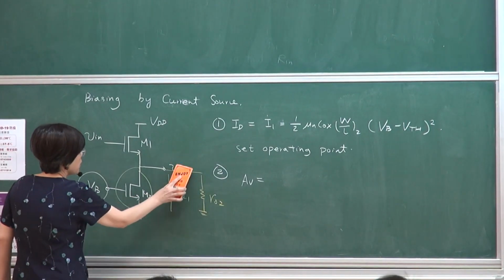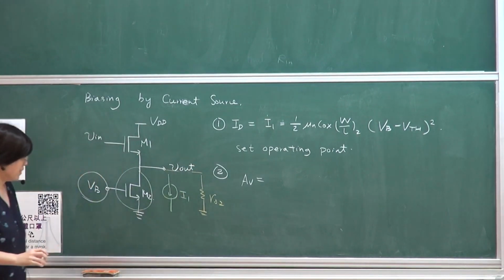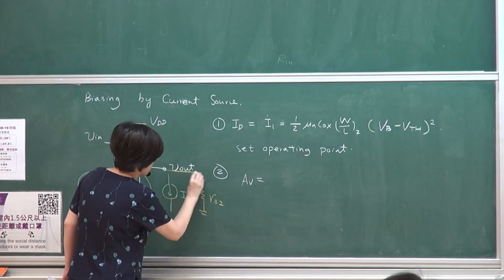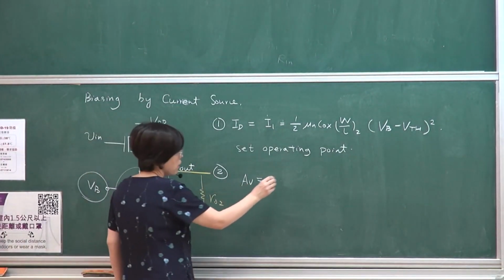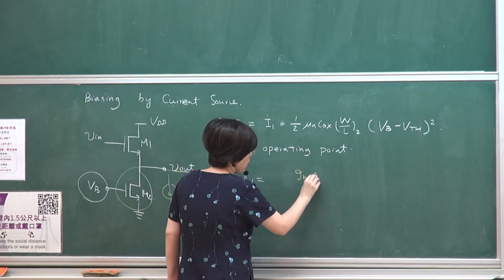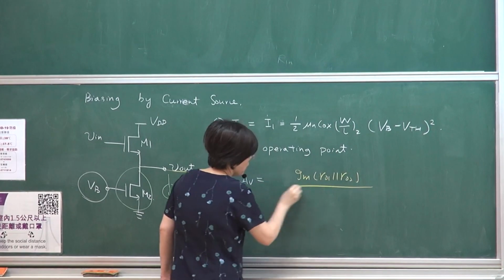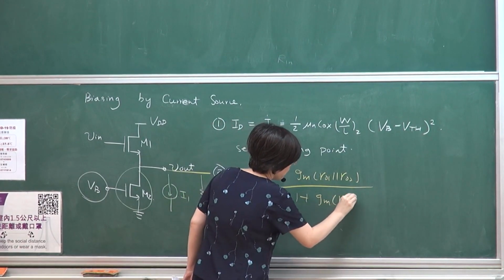Sorry, there are two GMs. So your voltage gain will simply be GM1 (RO1 parallel RO2) over 1 plus GM1 RO1.